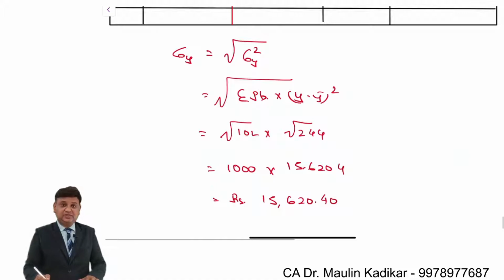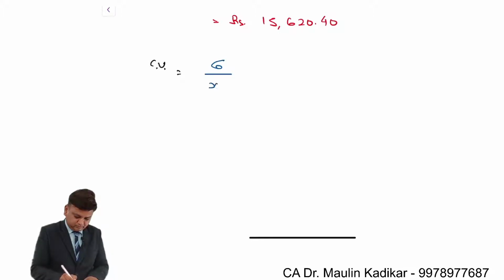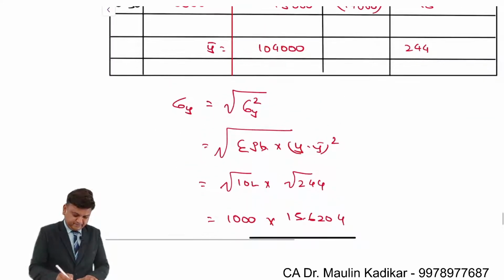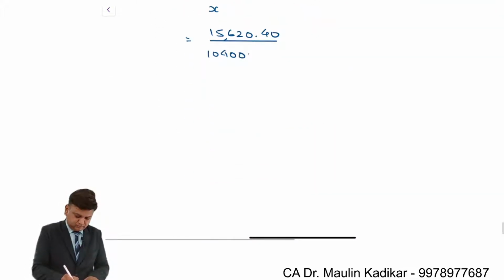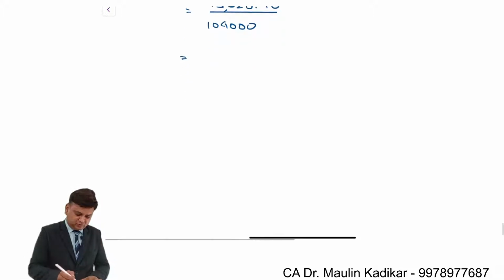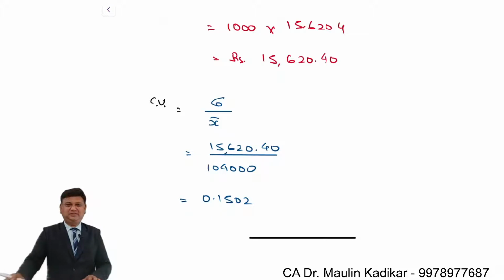That is the way the standard deviation is found. Next is the coefficient of variation CV. It is risk upon return. Risk is 15,620.4 divided by return is y bar over here 1,04,000. So that comes to 0.1502. This is the way the CV is calculated.